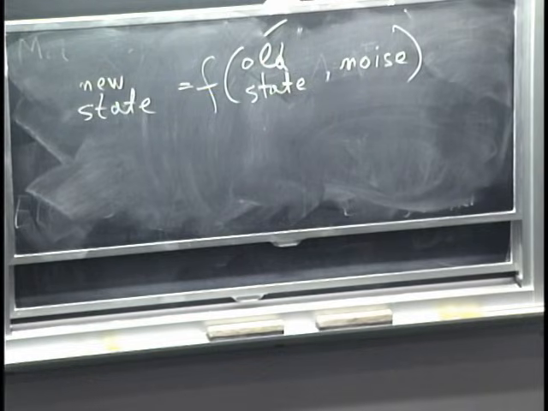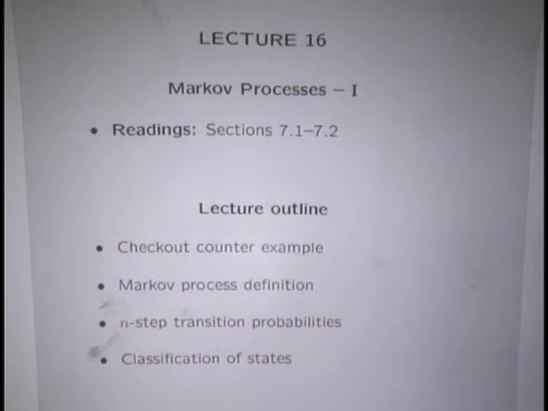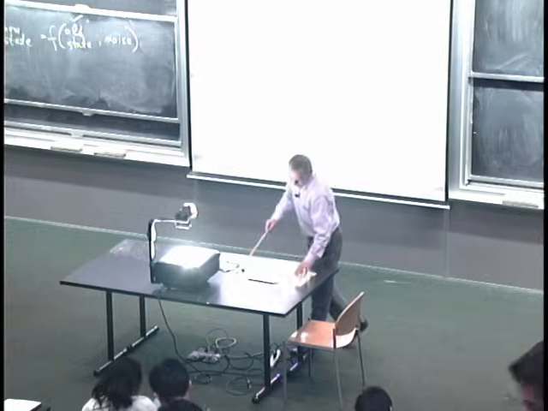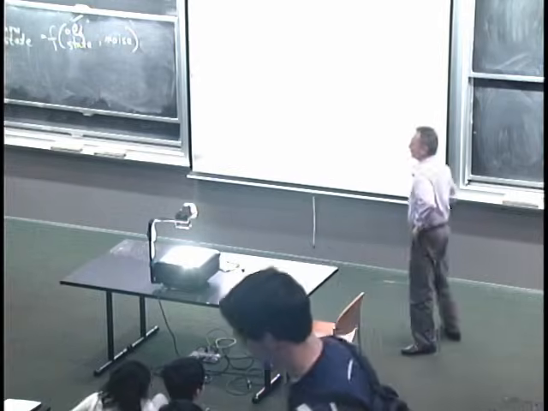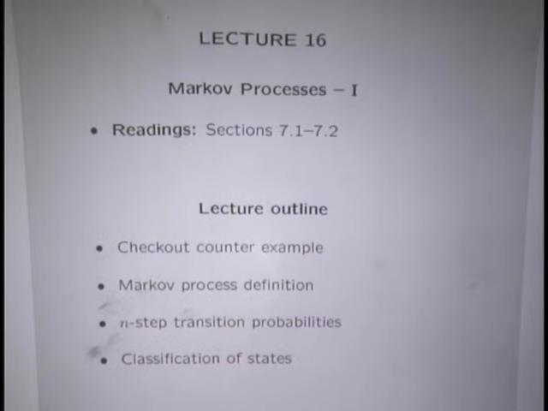So this is a pretty general framework. Pretty much any useful or interesting random process that you can think about, you can always describe it as a Markov process if you define properly the notion of the state. So what we're going to do is introduce the class of Markov processes by example, by talking about the checkout counter in a supermarket.